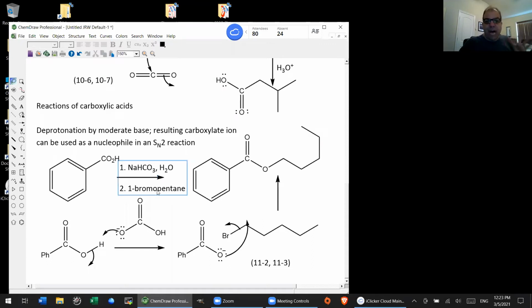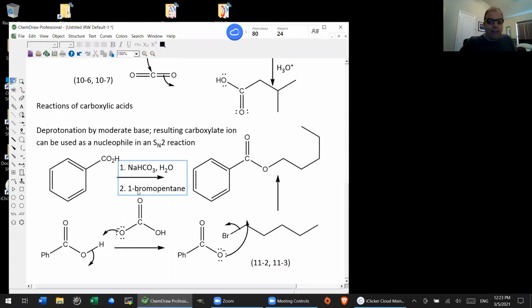Secondary might work. I don't know that you'd necessarily get the greatest yield in the world, but it might work. So that, of course, kicks out the halide. This is an SN2 step. So if you need a review about SN2 reactions, you can do so in chapter 11, and that will give you the ester.